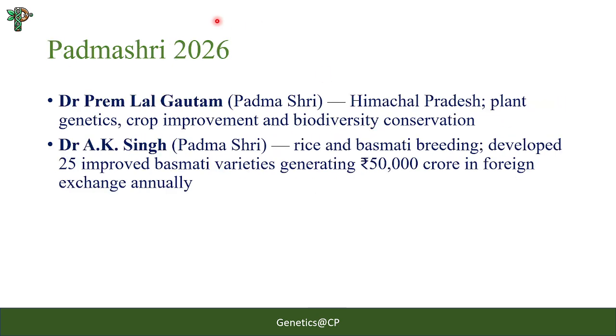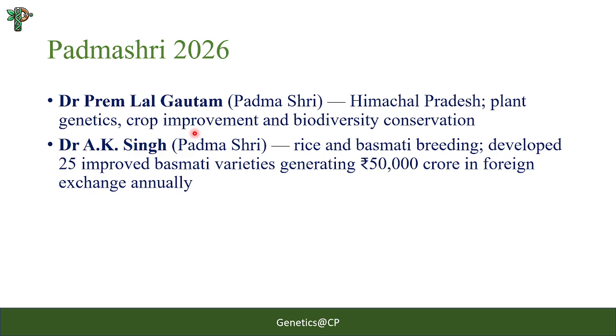Another important thing you should remember is the Padma Shri awardees of this year. Two scientists, Premlal Gautam and A.K. Singh sir, were awarded the Padma Shri for their contribution to agriculture. Dr. P.L. Gautam sir is the former chairman of our Biodiversity Authority as well as PPVFRA.